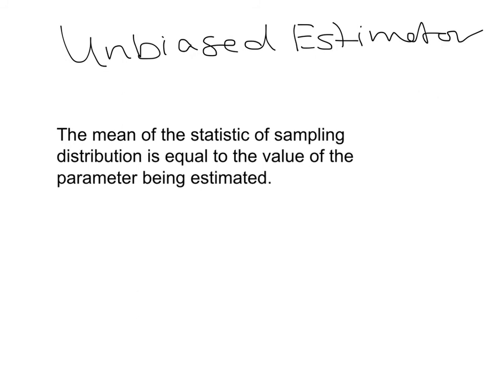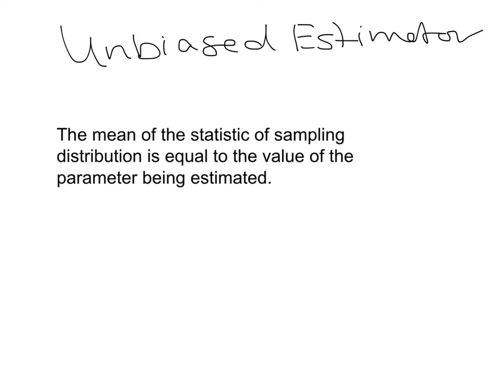So that means if we look at a bunch of different samples, like if I counted 50 different groups of 5 randomly chosen high school students at Lynn Camp, and I asked for their GPA and averaged them all together, after a while that average will start to look pretty close to the actual average GPA of our school.